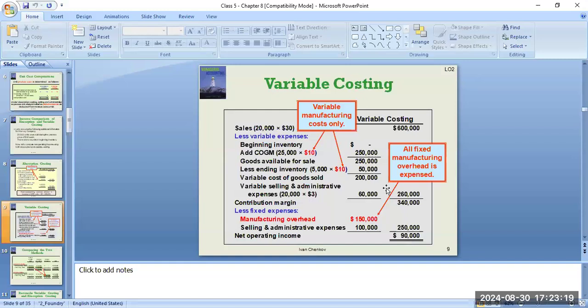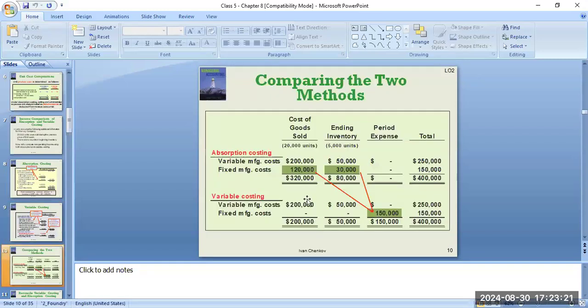Now let's see the proof. Under absorption, of the fixed manufacturing overhead, we have $30,000 in the ending inventory and $120,000 in the cost of goods sold. Whereas under variable, the $150,000 is directly expensed.